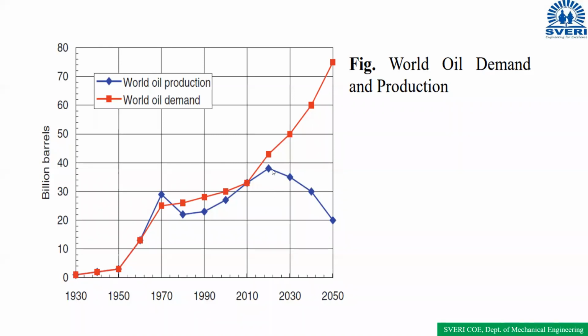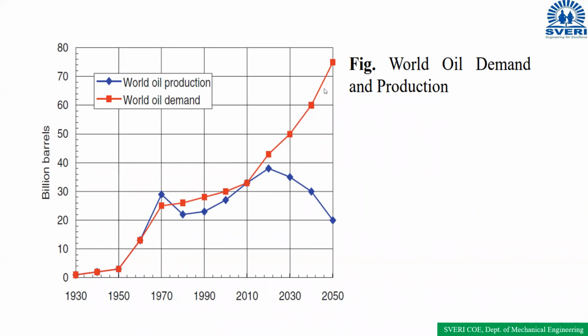In upcoming years, if IC engine vehicles increase, then after 2020 up to 2030, the demand is very high but the supply is very less. If we continue to encourage conventional IC vehicles like this, the fuel availability will decrease and the demand for fuel will increase.